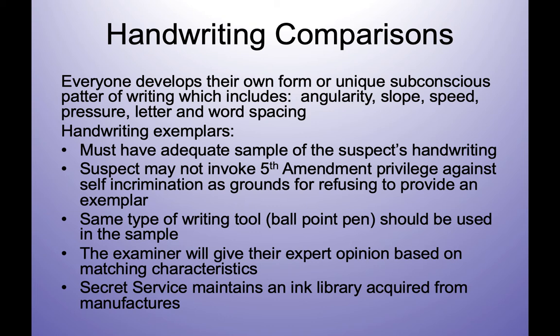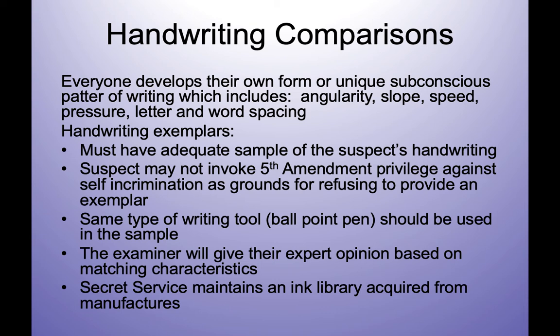The same type of writing tool should be used as the subject item, so a ballpoint pen or a quill or a pencil or a crayon or whatever it was. The examiner gives their expert opinion in court based on characteristics that are in the exemplar and the subject item.